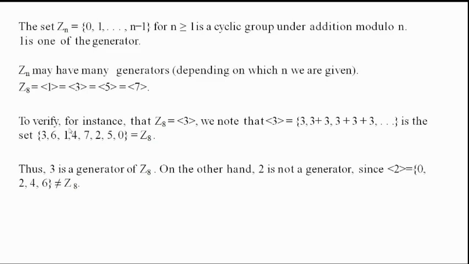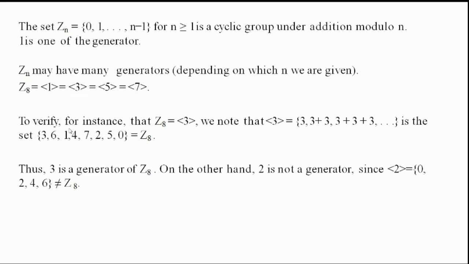If you repeatedly generate this, as I just now told you, if it is a, then a plus a plus a plus a, like that. If you keep on adding, then it will become 3, 3 plus 3, 3 plus 3 plus 3. You can do any number of additions of 3 like that. Is the set 3, 6, 1, 4, 7, 2, 5, 0, which will become Z8.